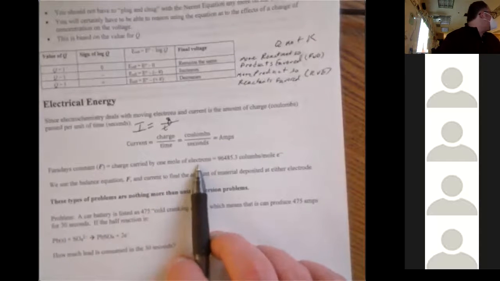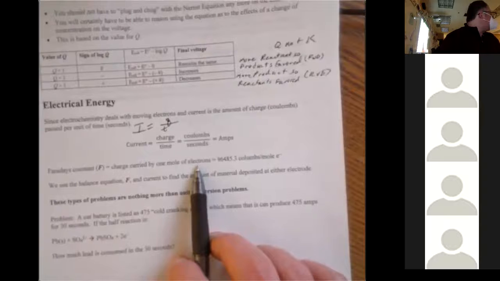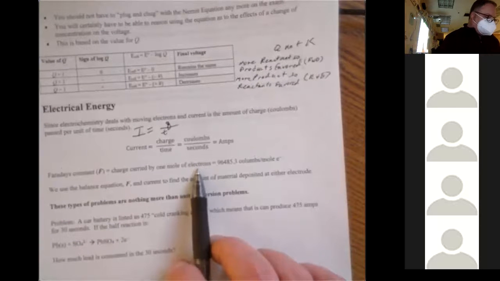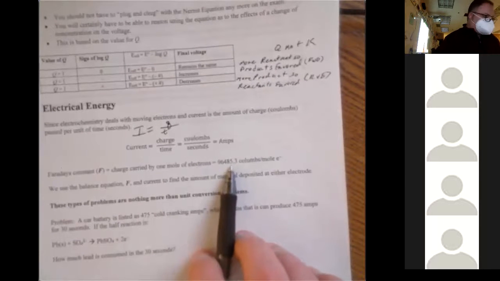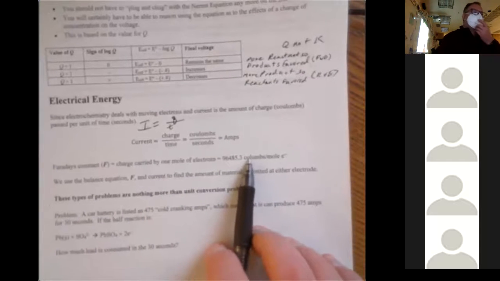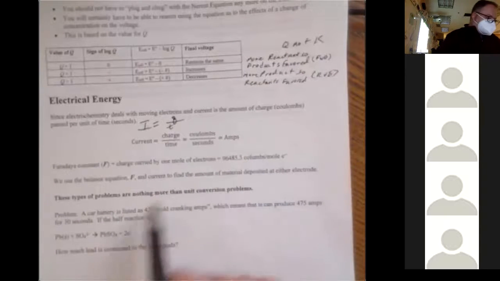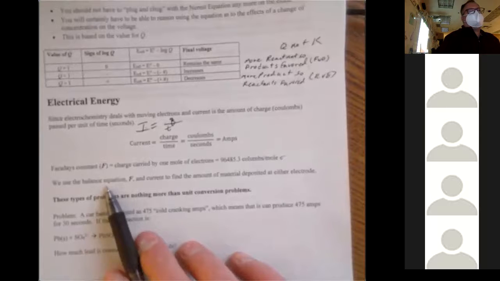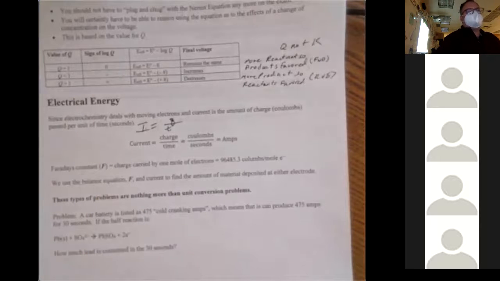That's important because if 2 moles of electrons are required, that means you would need to double this, right? Or if you have 2 moles of electrons, you would need to double this. So basically what we're going to do is some amazing dimensional analysis here using this idea.